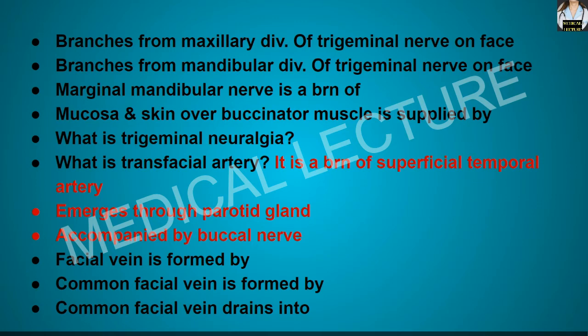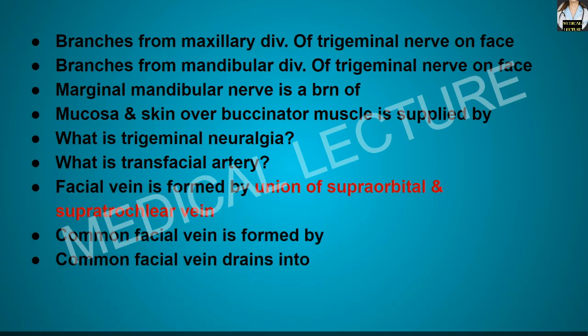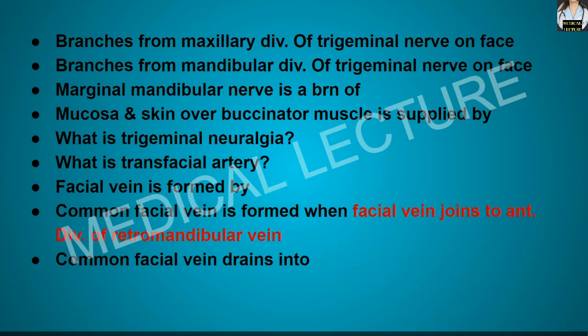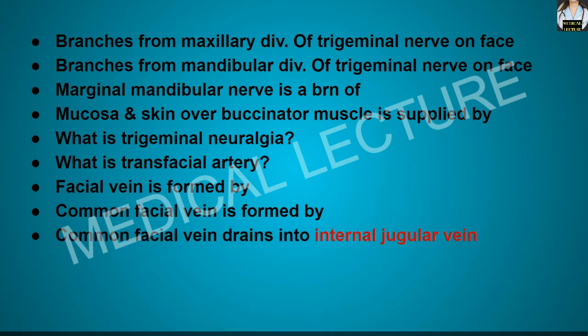Facial vein is basically formed by the union of the supraorbital and the supratrochlear vein. Common facial vein is formed when the facial vein joins the anterior division of the retromandibular vein. Common facial vein drains into the internal jugular vein.